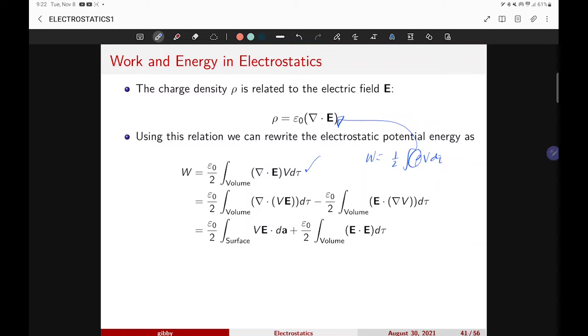That's how we get the equation. From this equation, we get by the product rule that del dot E V d tau is also given by del dot V E d tau minus epsilon naught over 2 integral, we have this expression E dot del V. So from this expression we get this equation, and on the last one, we just simplify it.